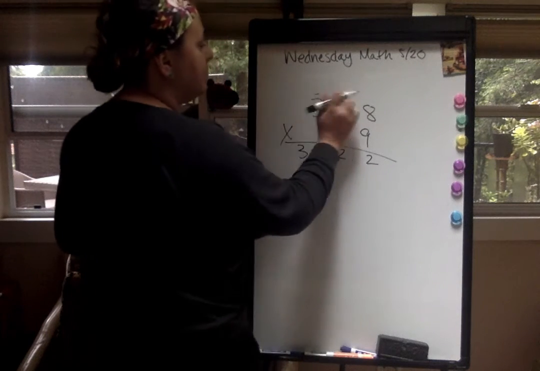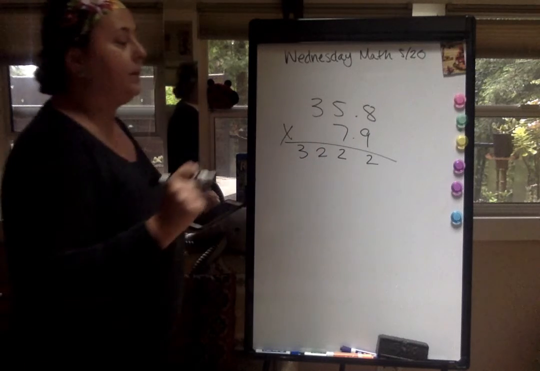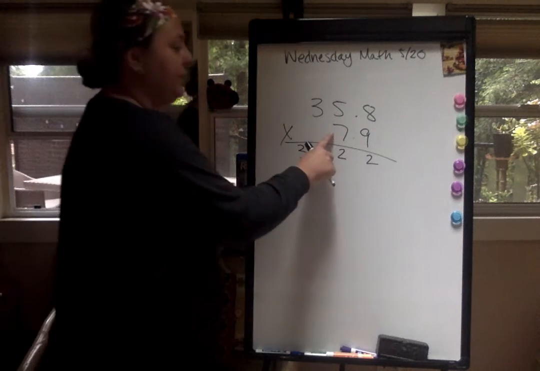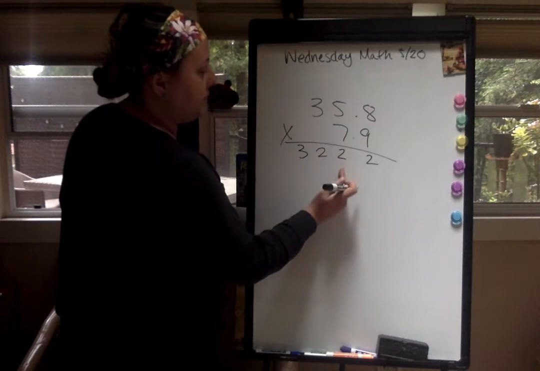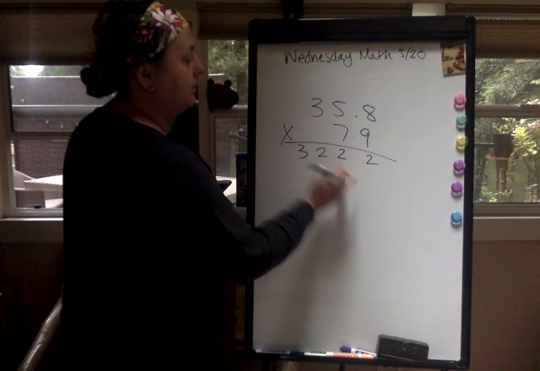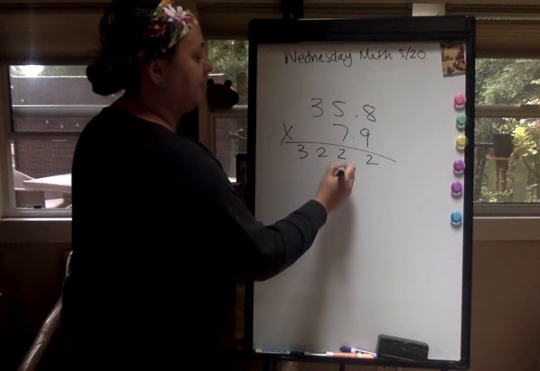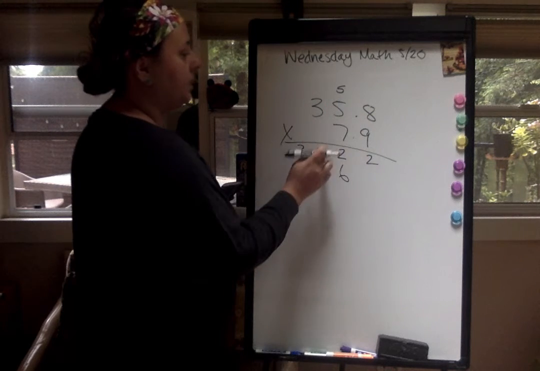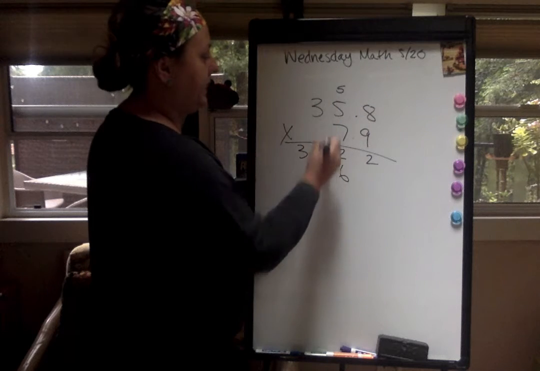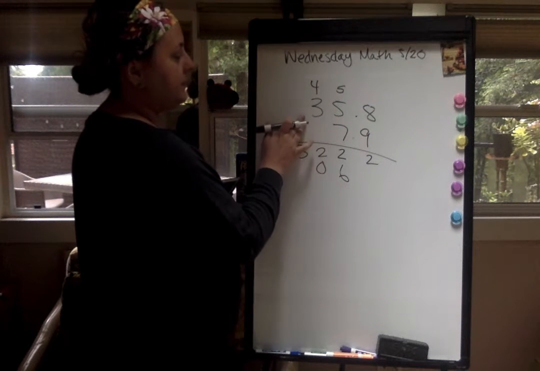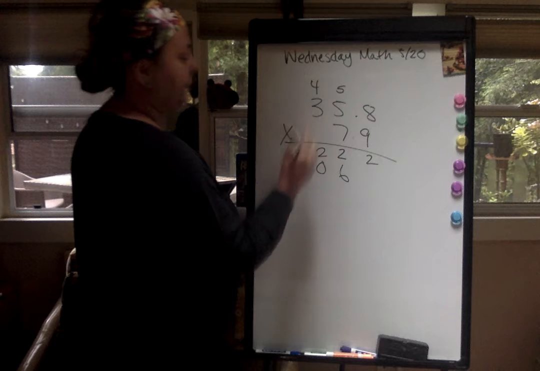Go ahead and erase these or cross them out so that you don't get confused. We're going to come over here to the 7, okay? And remember, your first digit's going to line up with that 7. 7 times 5 is 35. 7 times 8 is 56, plus 3 is 59. 7 times 3 is 21, plus 5 is 26.